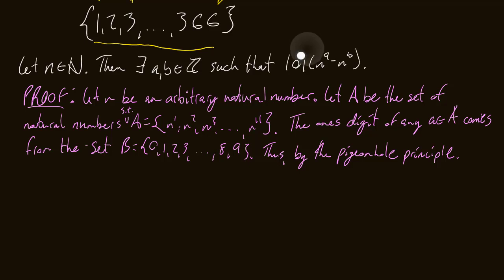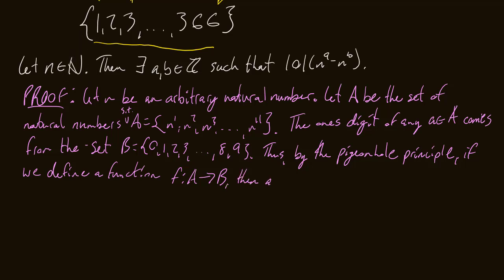So thus, by the pigeonhole principle, if we define a function f mapping A to B, so f maps these elements, n to various powers 1 through 11, to ones digit placeholders in the set B, then at least 2 elements in A will be mapped to the same element in B.